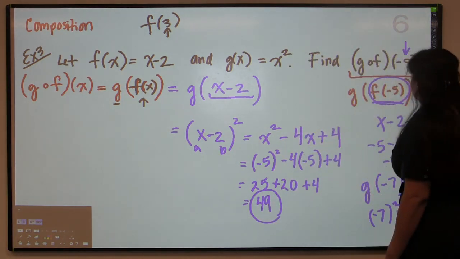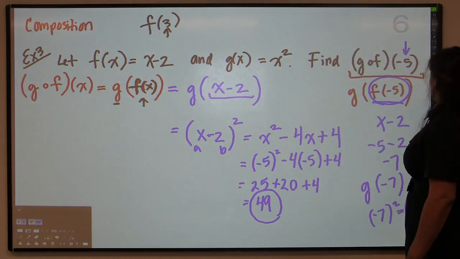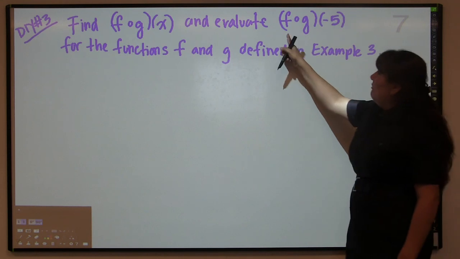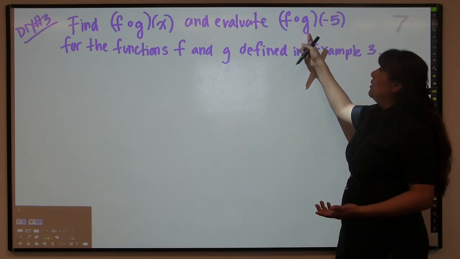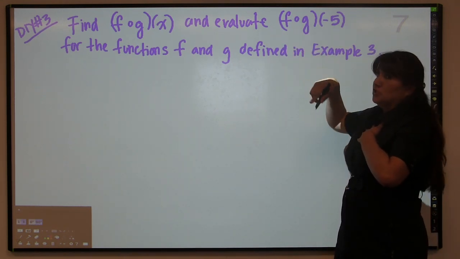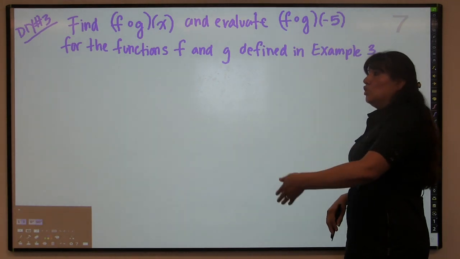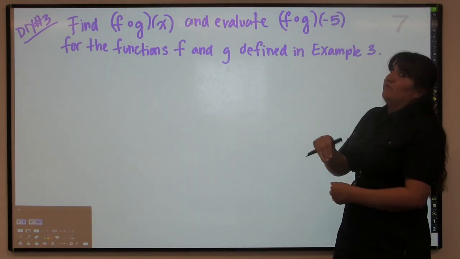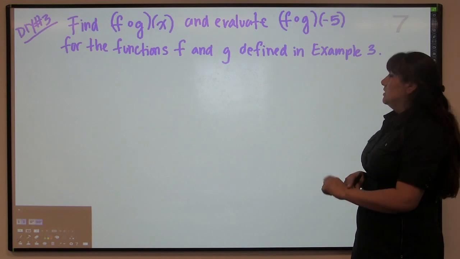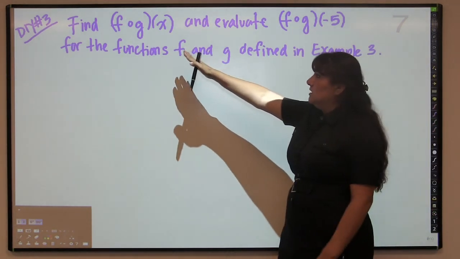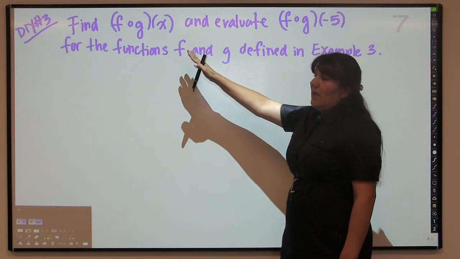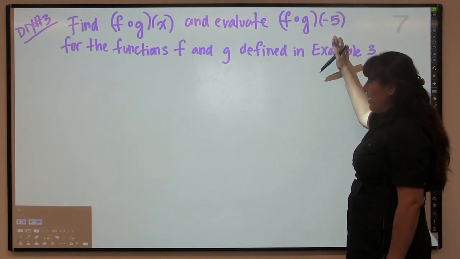What they're asking you to do is not g of f, it's f of g. So whereas I put the f function inside of g, they want you to put the g function inside of f. So you're going the other direction. Again, they want you to find what the function would be, and then they want you to evaluate it for negative 5.